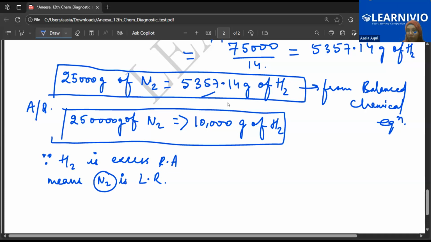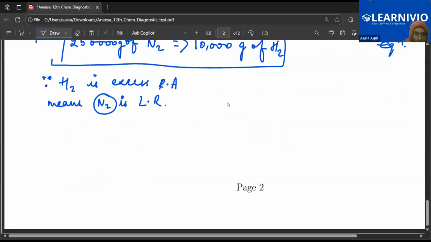Okay, now write down. Again, that's why I told you in stoichiometry the balanced chemical reaction is very important, because everything is related to the balanced chemical equation. So now 28 gram of N2 produces how much ammonia? 34 gram of ammonia.